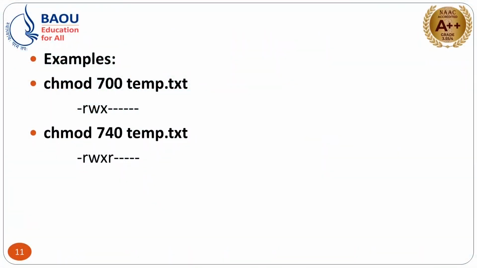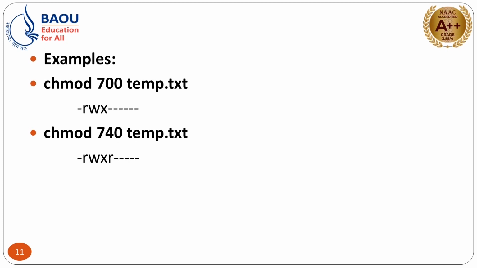Now you can see another example on the screen. We can change the permission with chmod 740. You can see the output. The first 7 represents the owner, meaning you want to assign read, write, execute permission. Then 4: as we have already discussed, these are octal numbers and you have to convert them into binary.